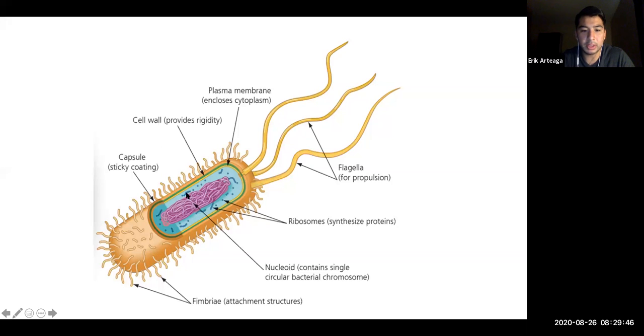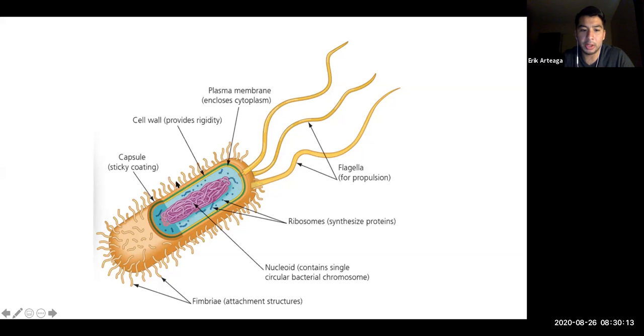They do have the cytosol, they do have a genetic component, and they do have ribosomes. So bacteria have ribosomes free floating in the cytosol. They have this nucleoid, and they can also have differential structures such as flagellum or capsules, cell walls, things like that. Not all bacteria will have these structures, but typically when you see the images in the book, they will have this flagellum, which is for movement.